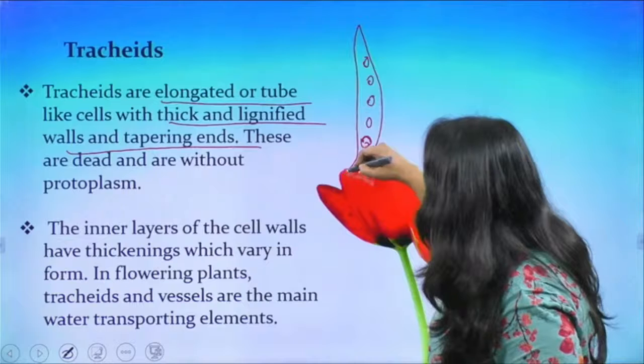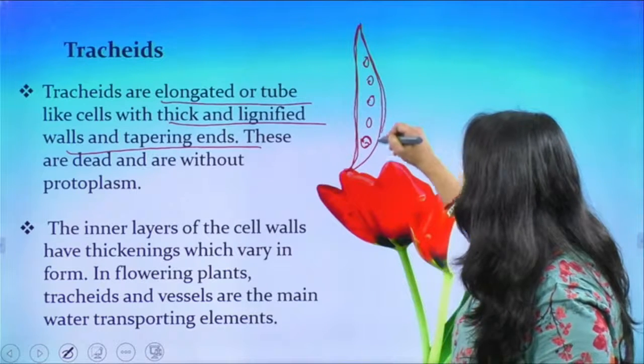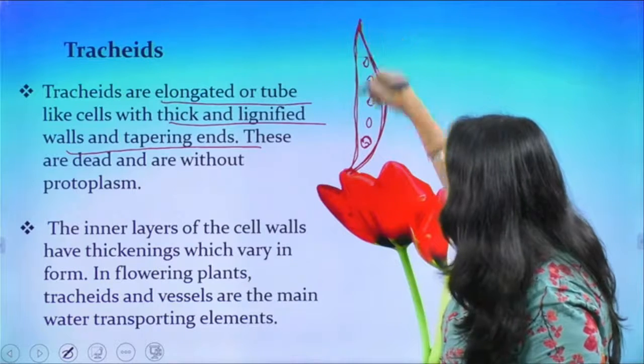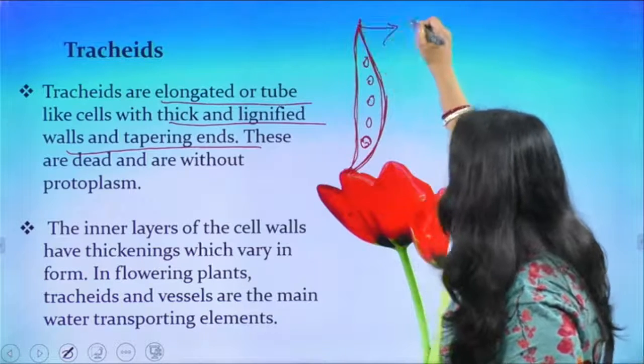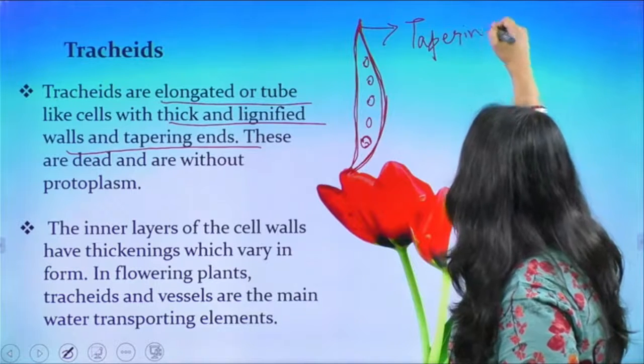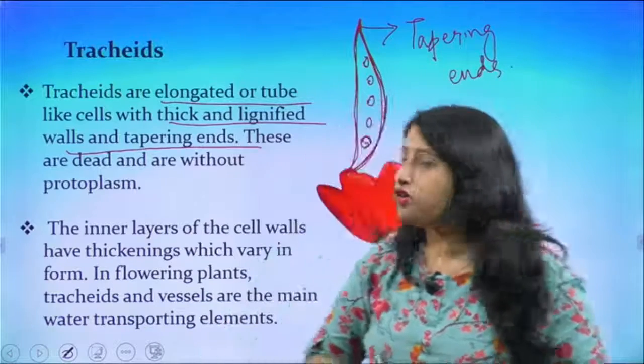The cell wall is thick and lignified, and these ends are known as your tapering ends.